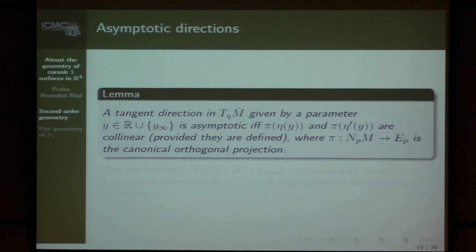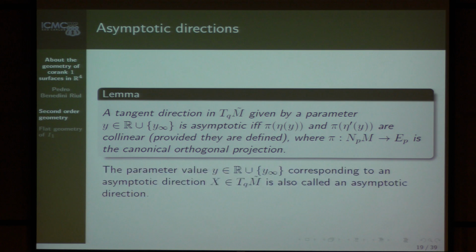Well, using this lemma, it tells us that a tangent direction given by a parameter y is asymptotic if and only if those two vectors are collinear, where pi is the canonical orthogonal projection into the curvature plane.